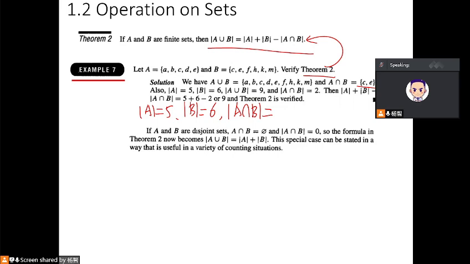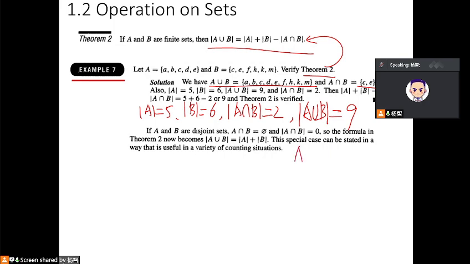2, is that right? And the cardinality of the union of A and B is equal to what? Because the union of A and B is equal to {a, b, c, d, e, f, h, k, m}, it is 9.